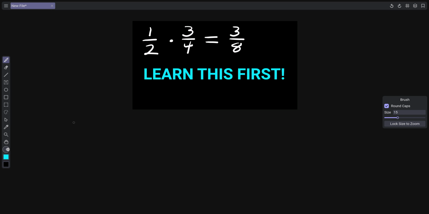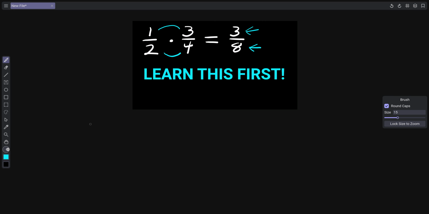You can see here, we multiplied 1/2 by 3/4, and we have gotten 3/8. How did this happen? Well, all we did was multiply across. We multiplied 1 and 3, and this gave us the 3 on top here. And then we multiplied 2 and 4, and this gave us the 8 down here.